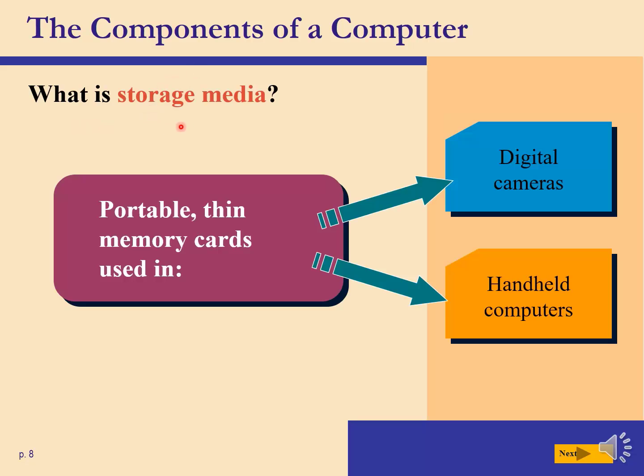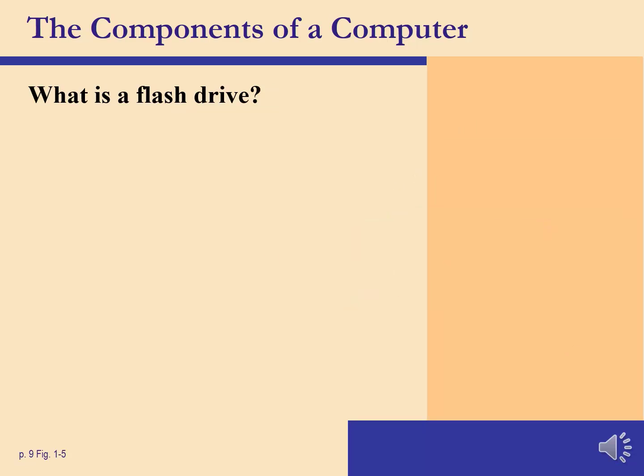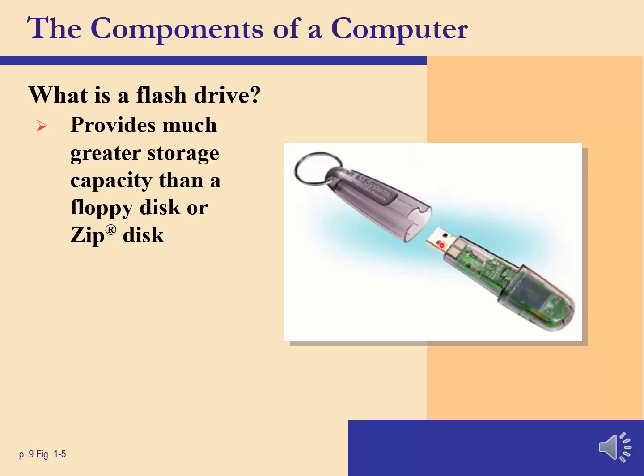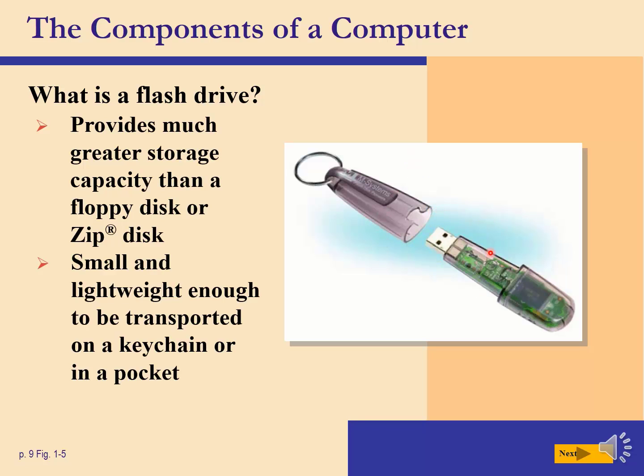What is flash memory? Portable memory cards used in, for example, digital cameras and handheld computers. This is the flash device. It has much greater storage capacity than the floppy disk.